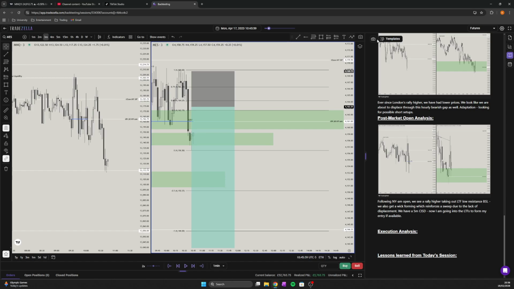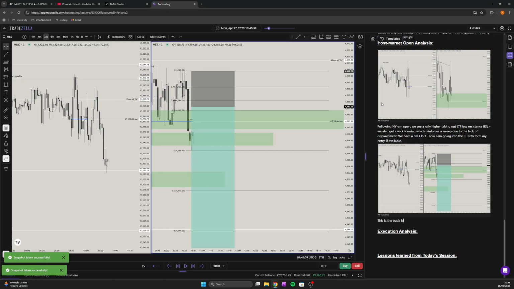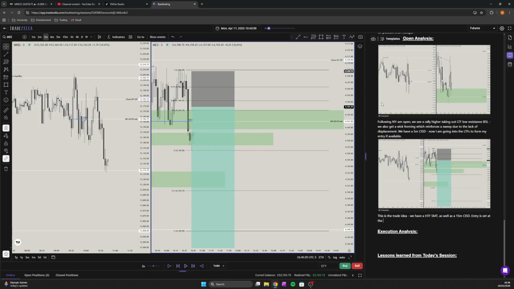So, here we go. I'll just take two pictures. So this is the trade idea. We have a high time frame SMT as well as a 15-minute change in state delivery. The entry is set at the coupling of the inverse value gap as well as the 50% level, the 2-minute, 3-minute bearish gap.